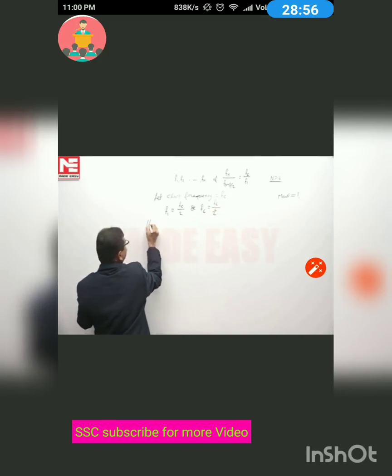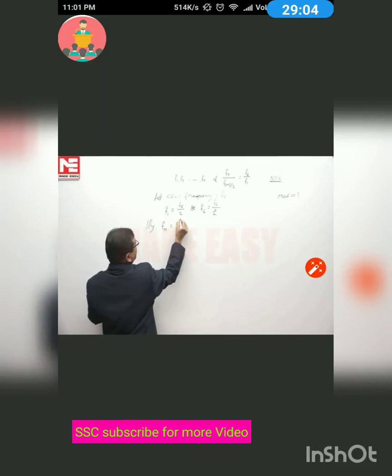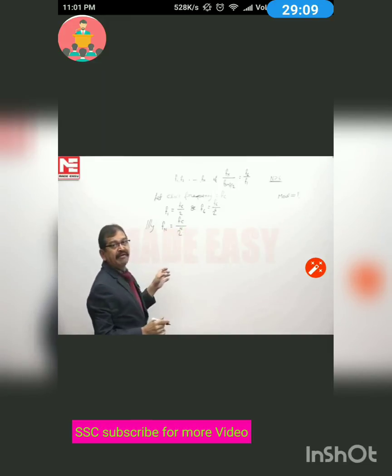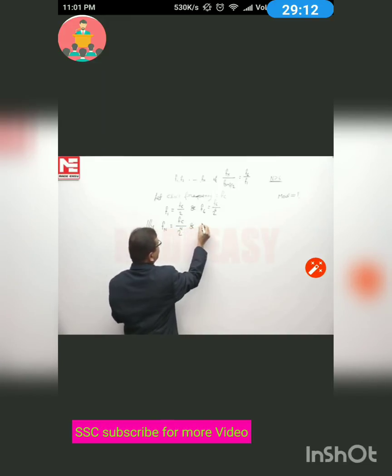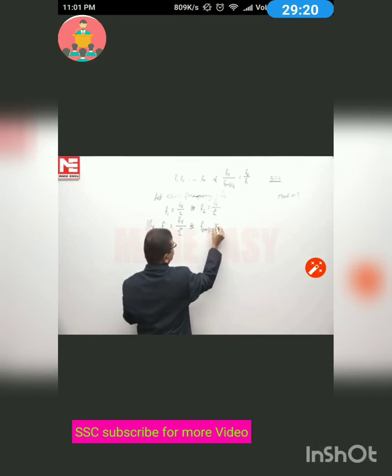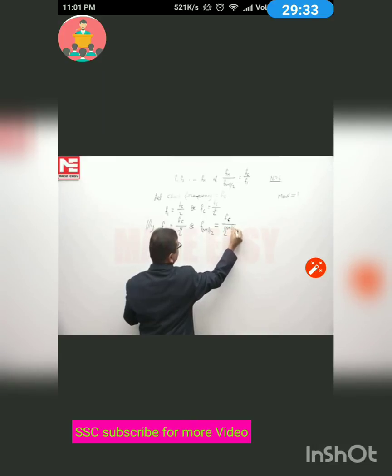Similarly, the frequency of the nth flip-flop output is Fc by 2 to the power of n, and the frequency of the (n+1)/2 flip-flop output is Fc by 2 to the power of (n+1)/2.